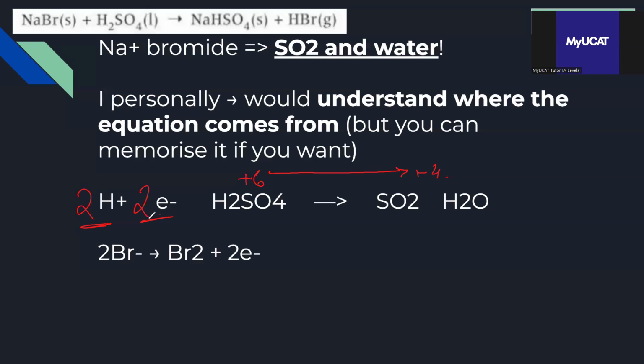And how do you know how many electrons? It's just going to be the oxidation change for the sulfur. So we've got 2H plus, 2e minus, and H2SO4 becoming SO2, H2O. To make sure this is balanced, we make sure we have the same number of hydrogens here as we have there. So how many H2O are we going to end up with?